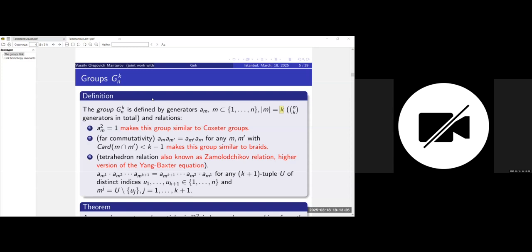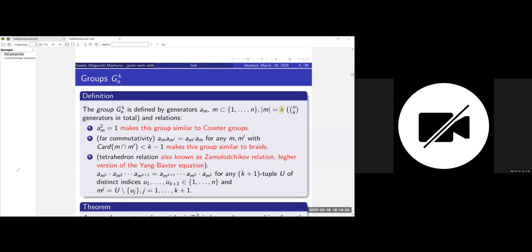Then we can choose some k of them, so there are k+1 possibilities, and write down indices like this: m_1, m_2, ..., m_{k+1}. Then this product in this direction is equal to the same product in the opposite direction. Since all those are involutions, we can just write that this element squared equals 1.